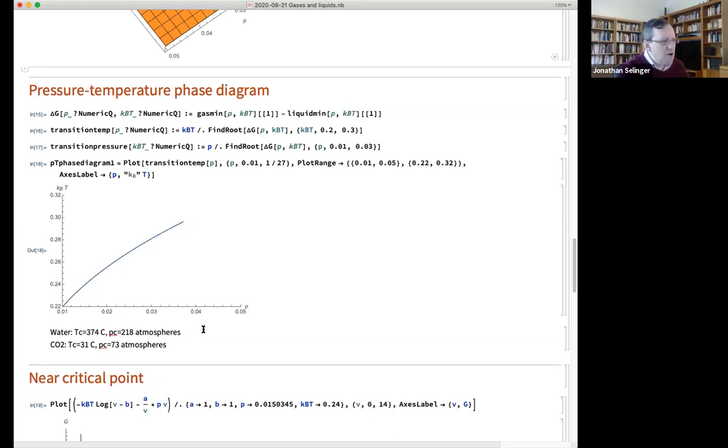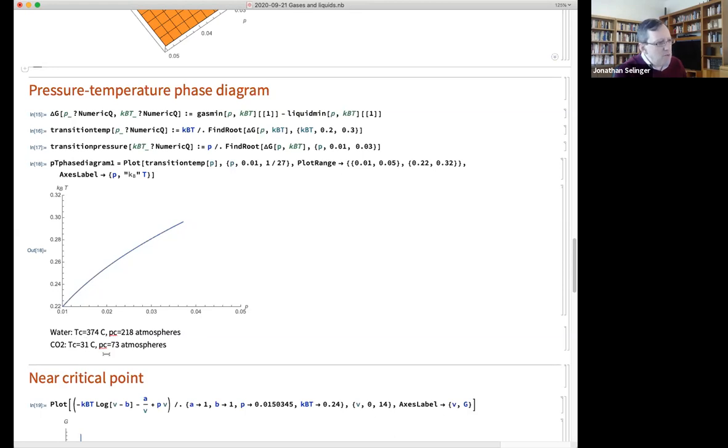Okay, so here I looked up some numbers for a couple of materials. Okay, so for water, the critical temperature is at 374 Celsius, and the critical pressure is at 218 times atmospheric pressure. And for carbon dioxide, the critical temperature is 31 Celsius. That's actually not so high, right?